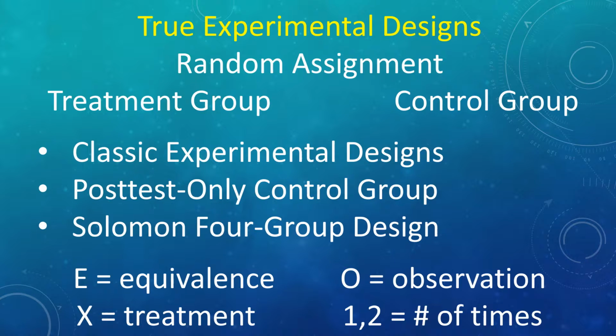E stands for equivalence, meaning the experimental and control groups being compared to each other are as similar as possible. O stands for observation. This is where data is recorded about how the group is responding at the time. X stands for the treatment that is being given, and the numbers 1 and 2 represent the number of times that the observation has been made.